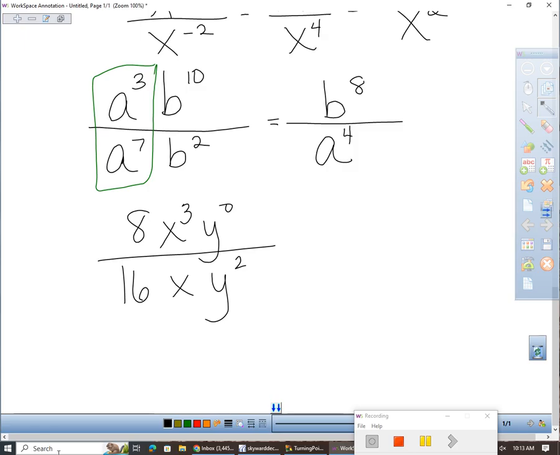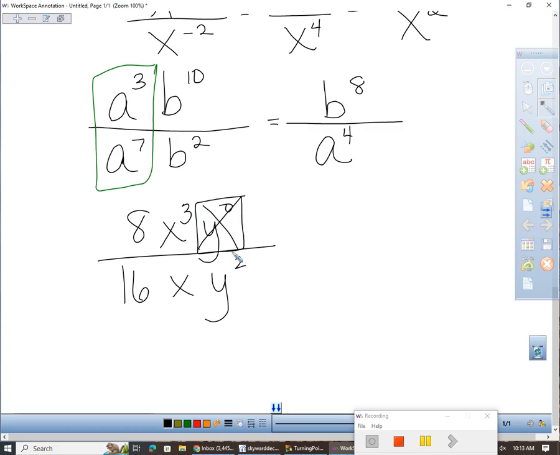All right, let's look up there to begin with. What is the very first rule we learned? Y to the 0 equals 1, right? So what rule do you think we should start with? Probably that one. So this right here, y to the 0, we are going to get rid of that. That equals 1, so that's gone, right?